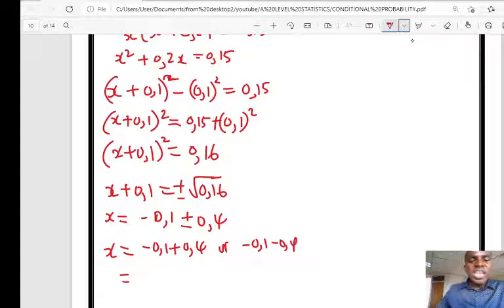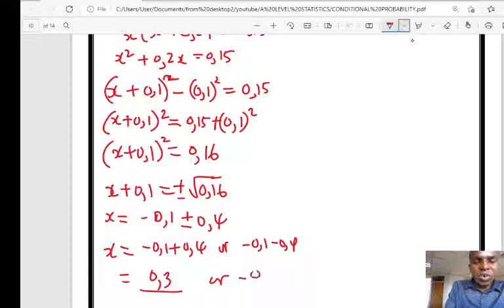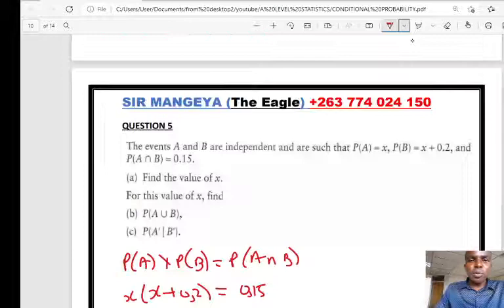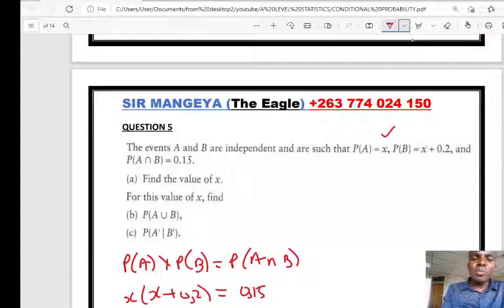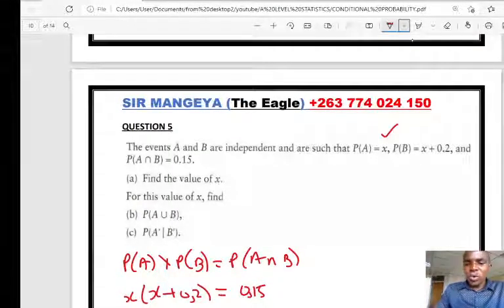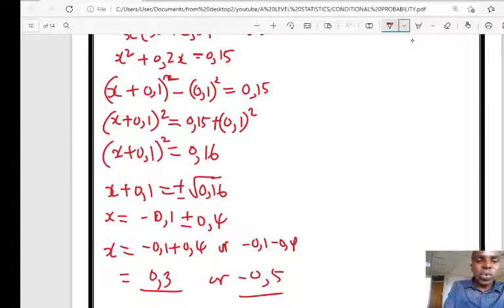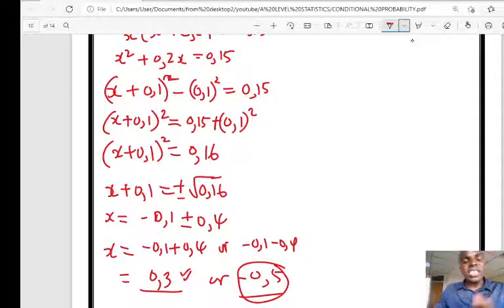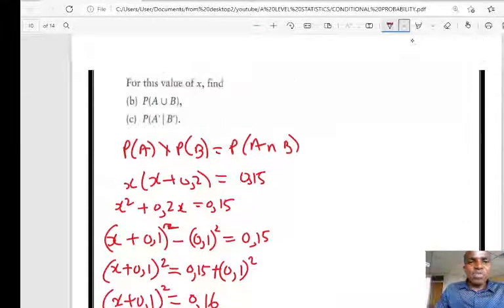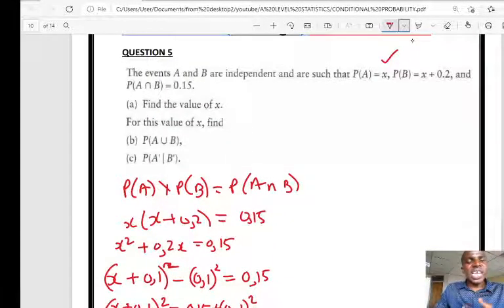Simplifying, you get 0.3, or minus 0.5. Here X is a probability, right? So probability of A can't be negative, which means this negative answer, we don't need this one. So we take only 0.3. The value of X that we have to use is 0.3. So X is equal to 0.3.